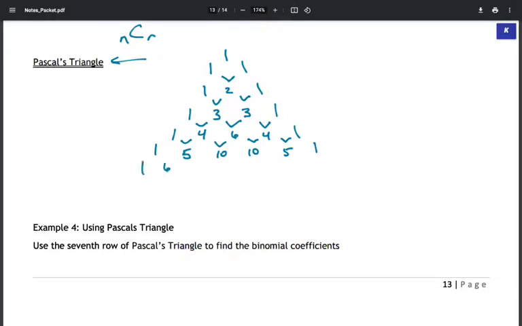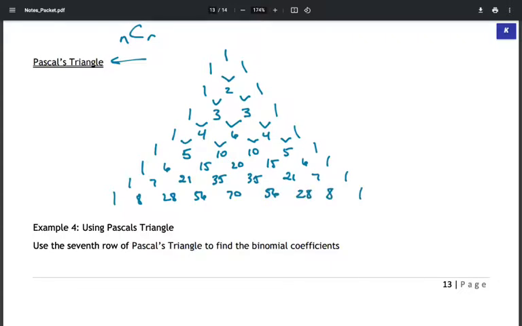And then there'll be 1, 6, 15, 20, 15, 6, and 1. 1, 7, 21, 35, 35, 21, 7, and 1. And then 1, 8, 28, 56, 70, 56, and then 28, 8, and 1. And then it continues on forever.